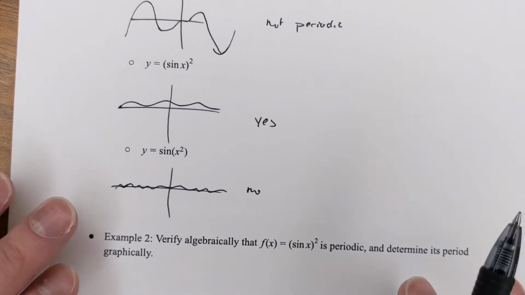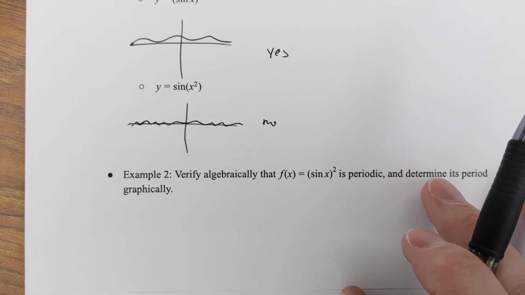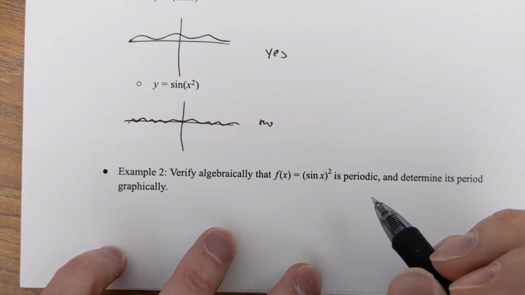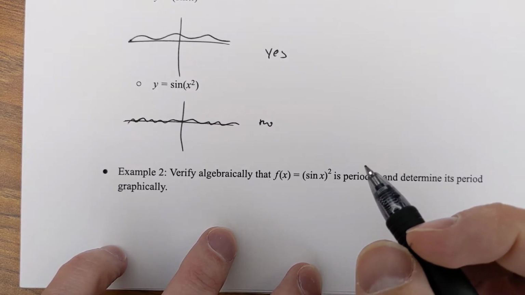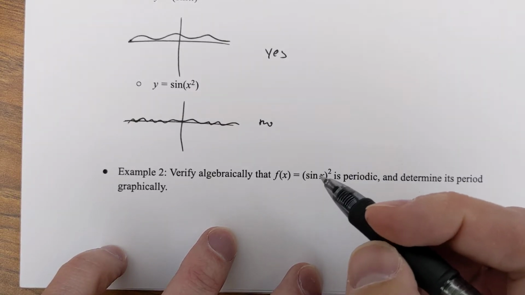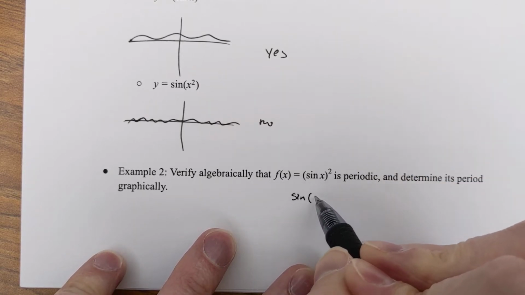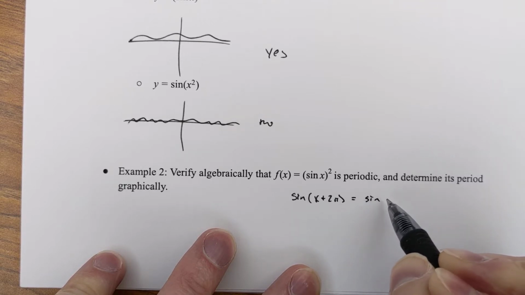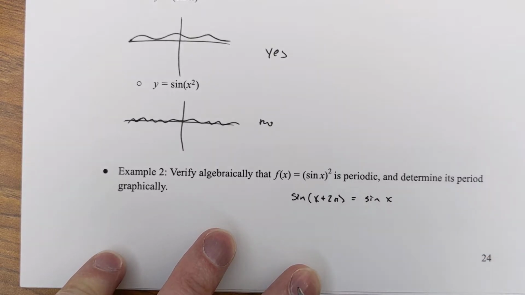Okay, so example 2, verify algebraically that f of x equals sine of x squared is periodic and determine its period graphically. So a periodic function just means it has a repeating pattern. We know the period of sine is 2 pi.